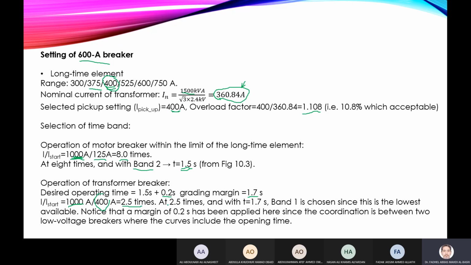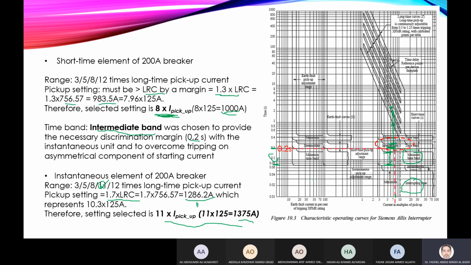This represents 2.5 times, and to get 1.7 seconds at 2.5 times, band 1 is sufficient.